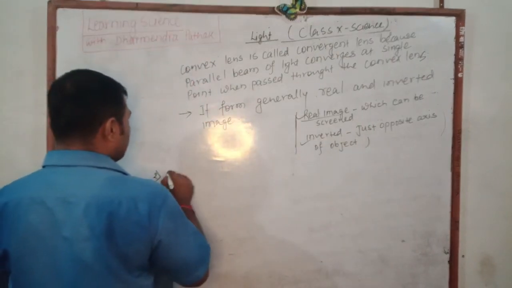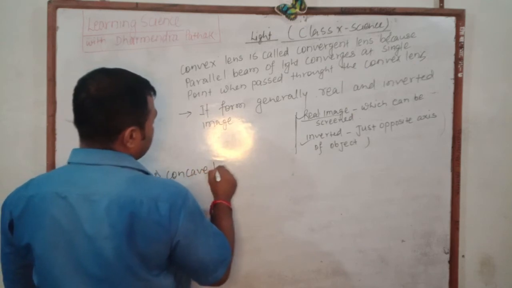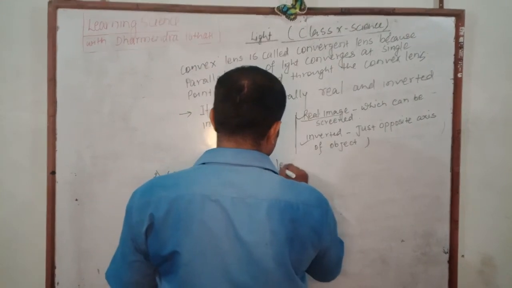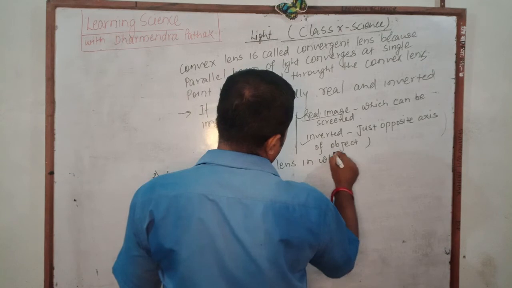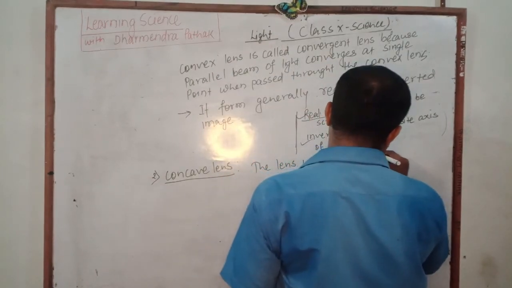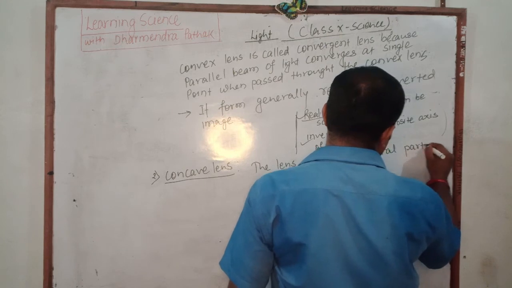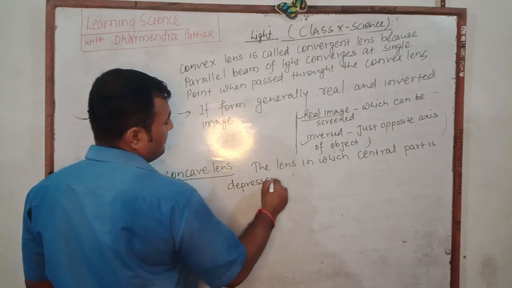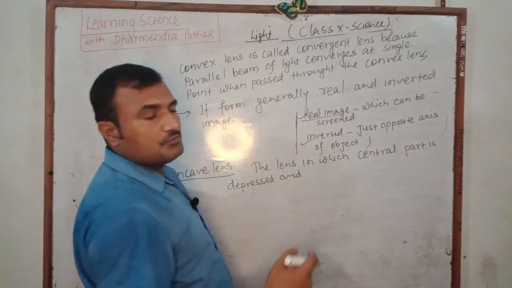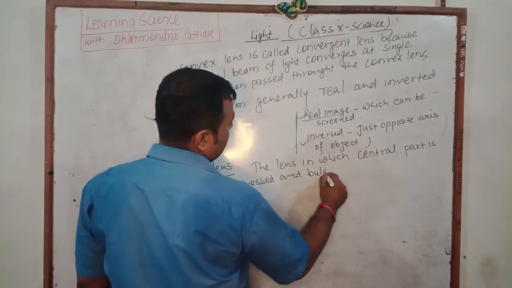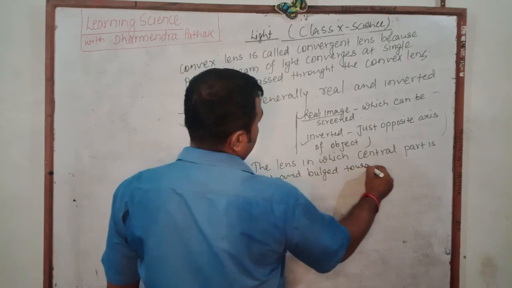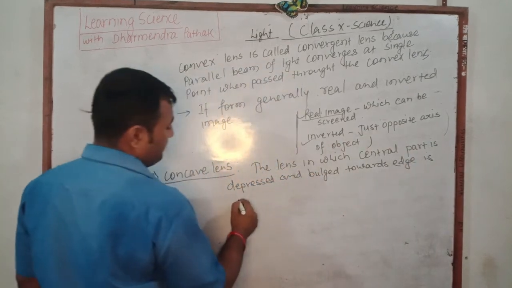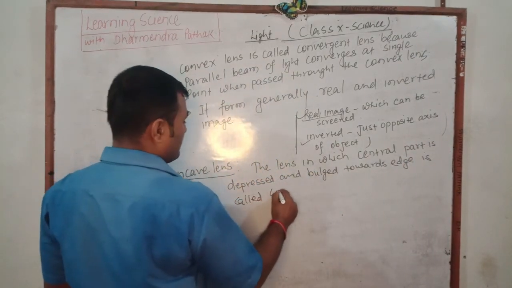After that, the second type of lens is concave lens, and we can define it as the lens in which the central part is depressed and bulged towards the edge is called concave lens.